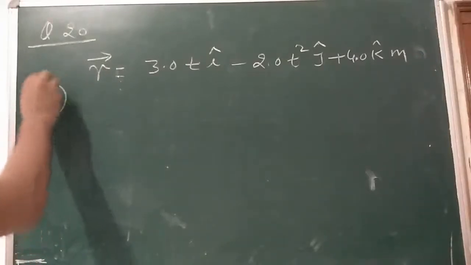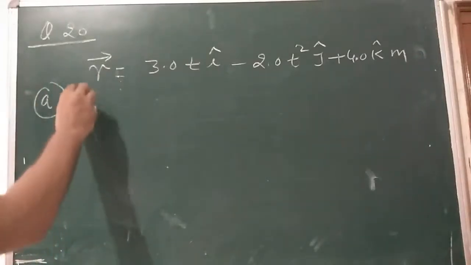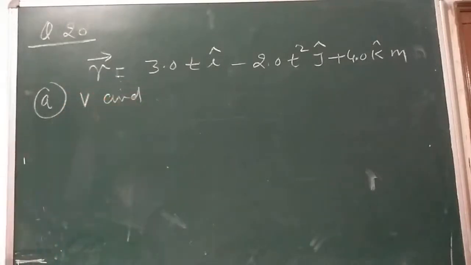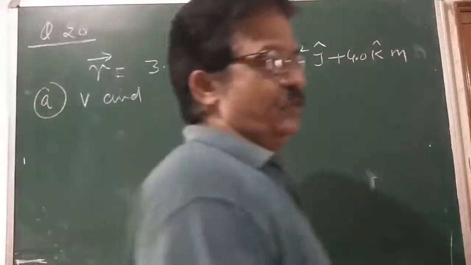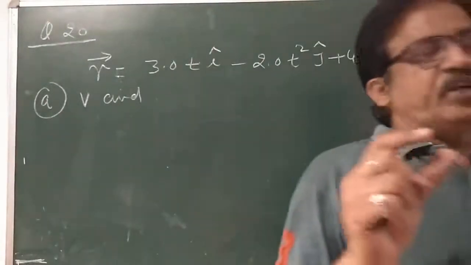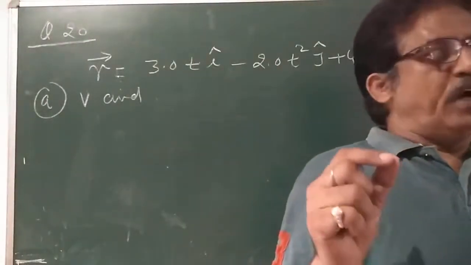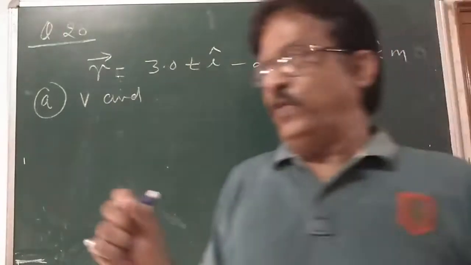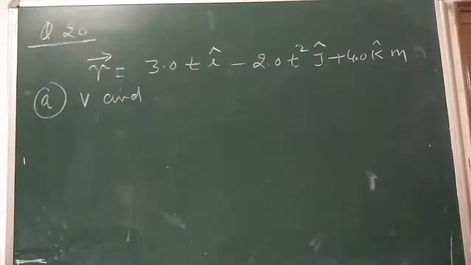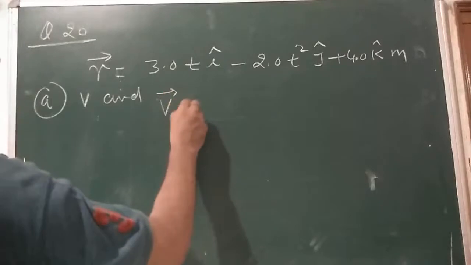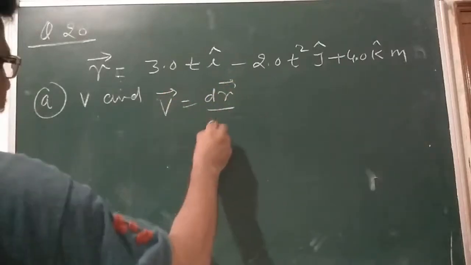First, find the v and a of the particle. What we have to do? See that, r is given. What is velocity? Who will tell me? Velocity is the rate of change of displacement. v is equal to dr by dt.